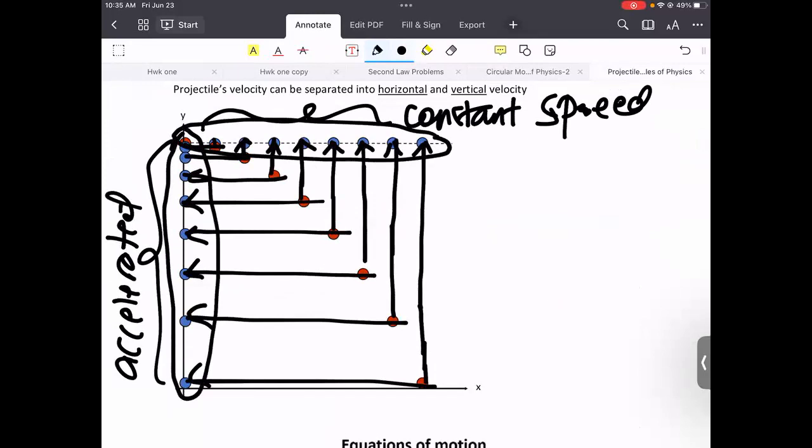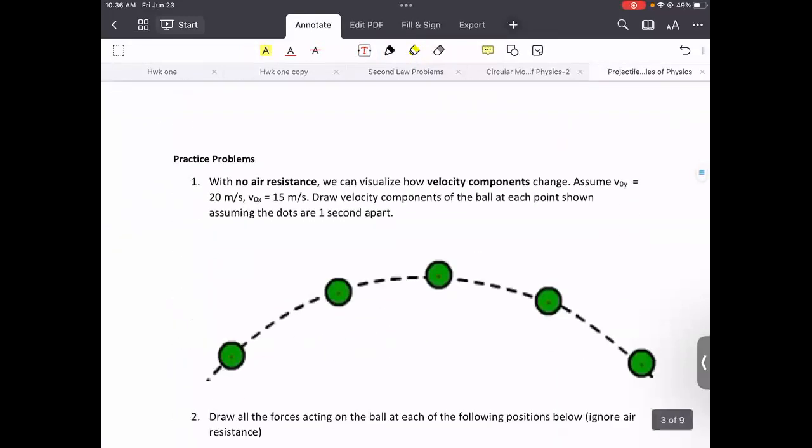In other words, the object is actually accelerating. So in order to solve most of our problems, we have to think about the projectile's velocity as composed of horizontal and vertical velocity components. Let us look at examples.